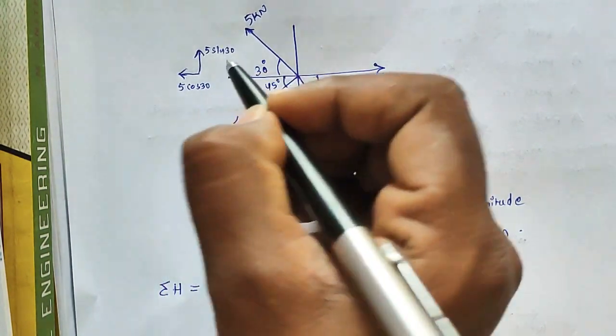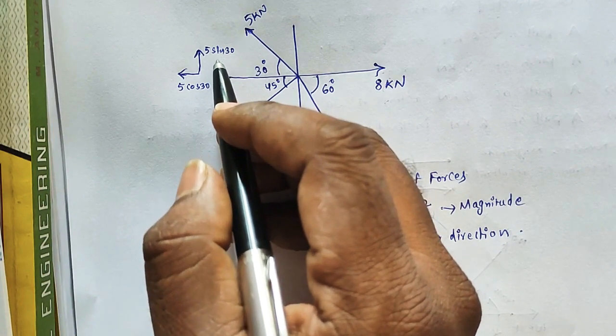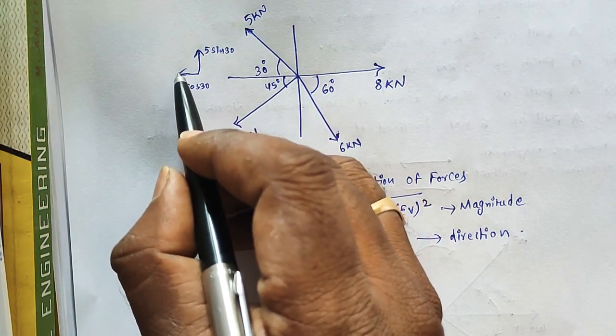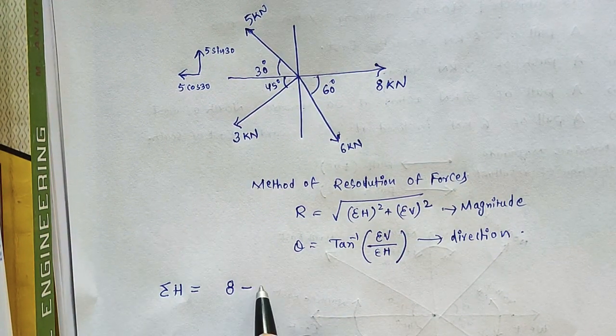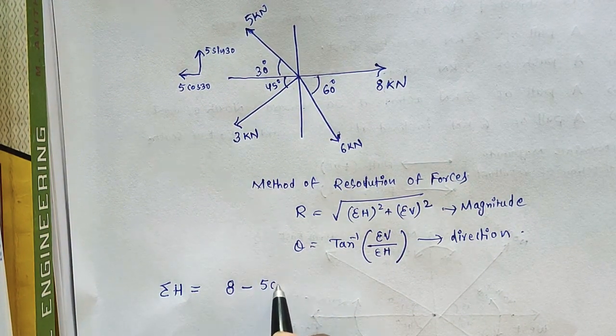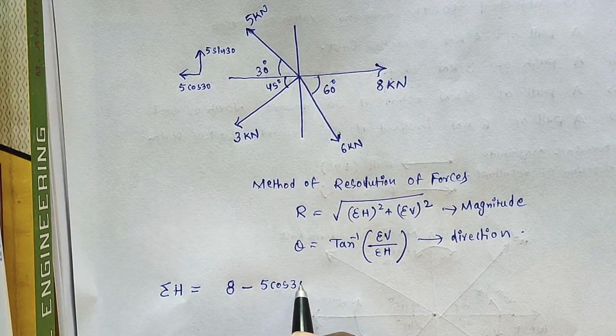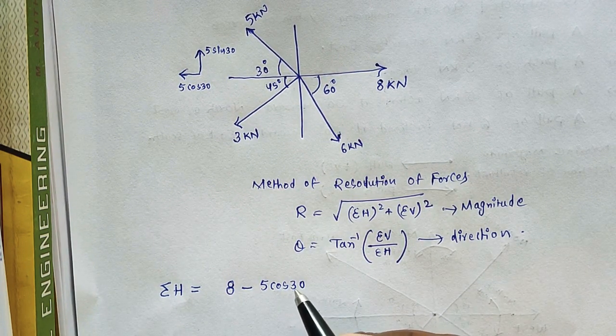If one is cos, automatically the other one will become sin. And this 5 cos 30 horizontal component acts in the negative x-axis direction. That's why here we are taking minus 5 cos 30. So this is the horizontal component.